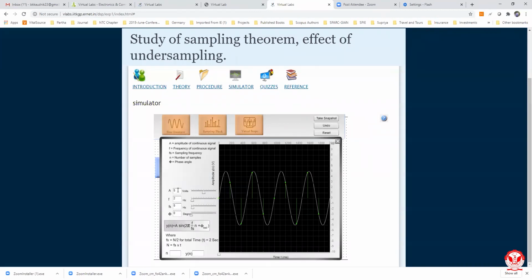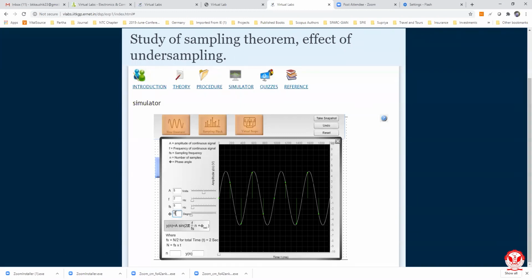So we can set the amplitude, sampling frequency of the samples and the phase angle, all these constants from this window also. For simplicity, we have changed all these things.